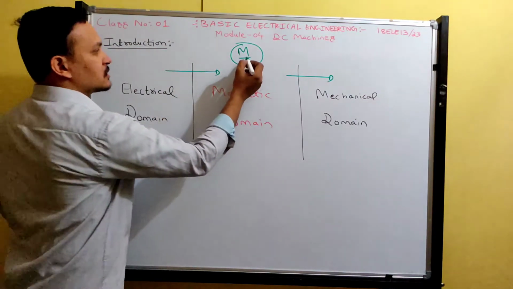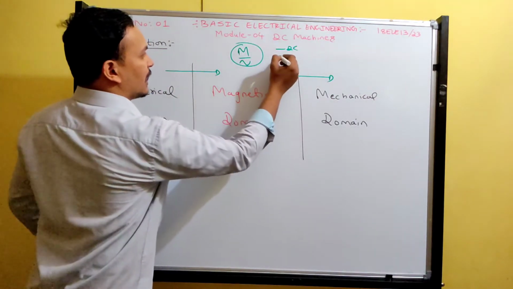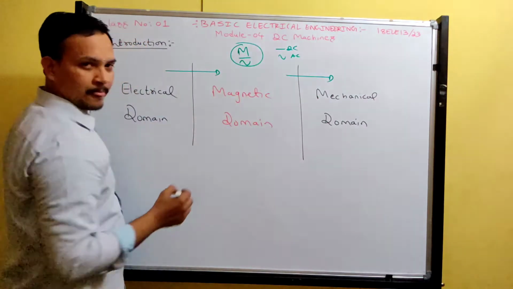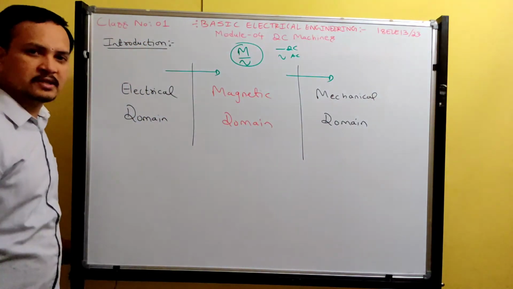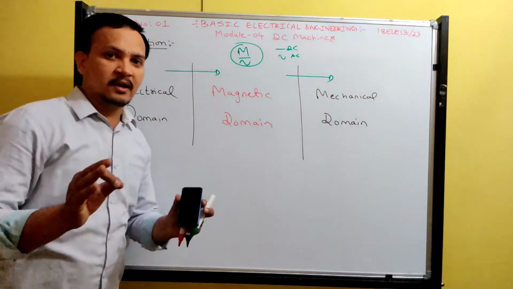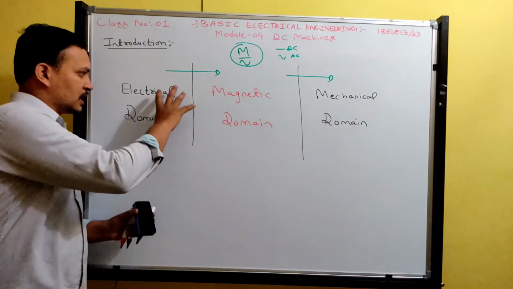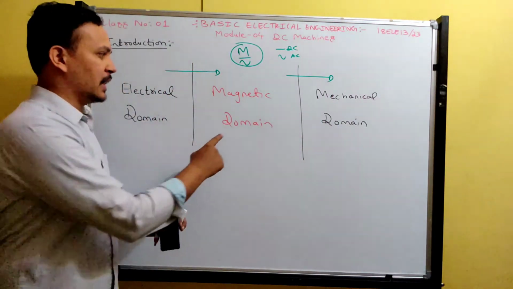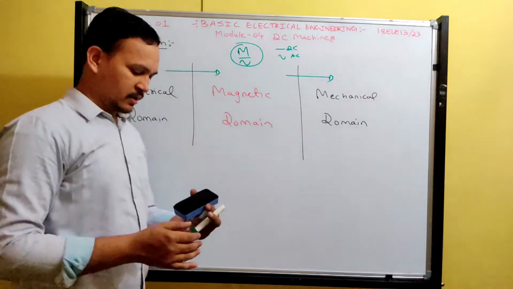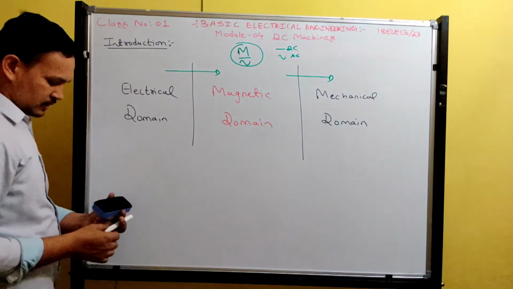This line indicates DC and this one indicates AC. So based on the domain quantities, you may have an AC motor or DC motor. What is the standard definition? If the energy conversion takes place from electrical domain to mechanical domain through magnetic domain, then only it is called a motor.